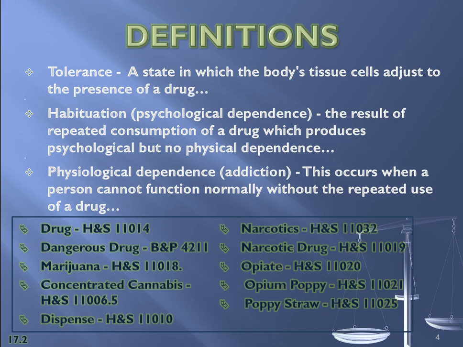And then the last phrase that we're going to look at here is physiological dependence, which is addiction. This occurs when a person cannot function normally without the repeated use of a drug. If the drug is withdrawn, the person has severe physical and psychic disturbances.